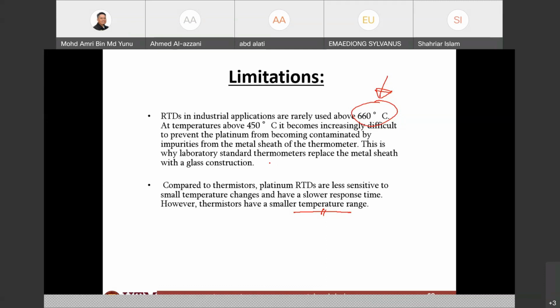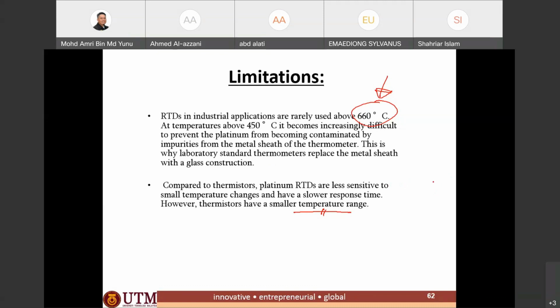The thermistor, as we have discussed, has a smaller temperature range. It's for narrow range applications, but RTD is for a much bigger range. But if we want a higher output change at high temperature, we go for RTD.